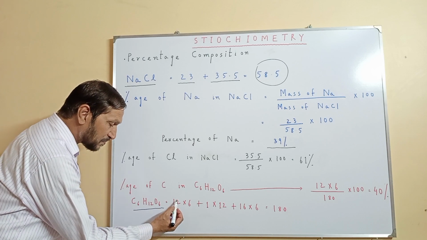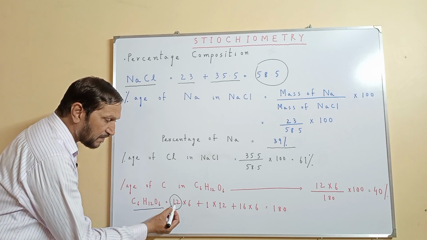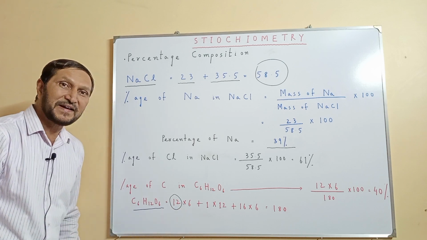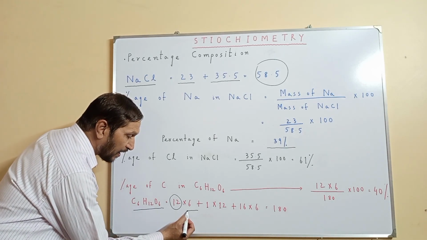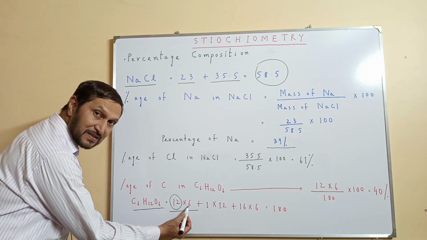So I will multiply the atomic mass of carbon, which is 12, by 6. Why did I multiply it by 6? Because the atoms of carbon in this formula are 6.